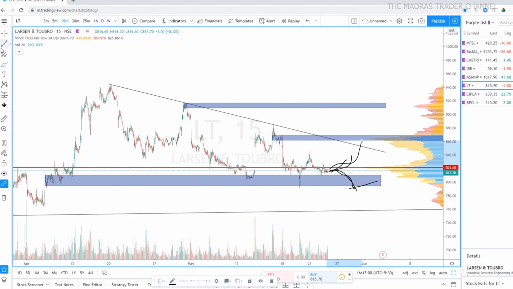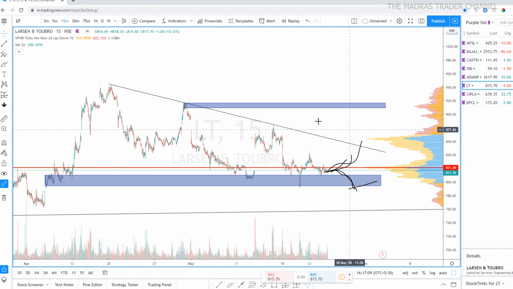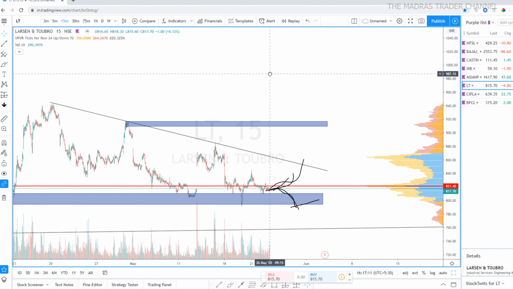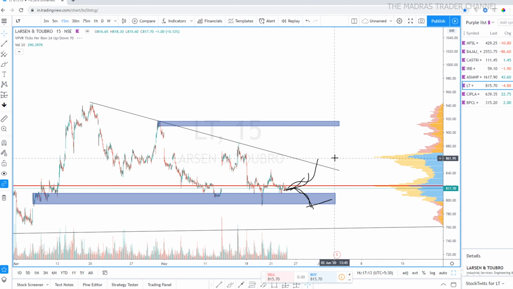If you look at this, there is a high trading value, right? So we are going to wait for this to be broken, and then we are going to take up the trade.